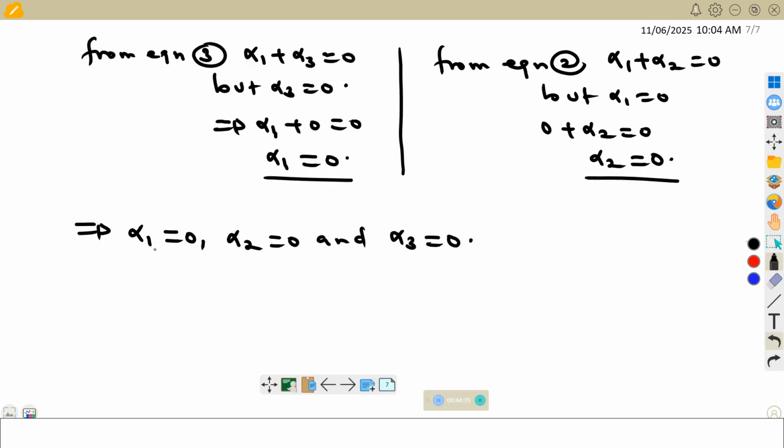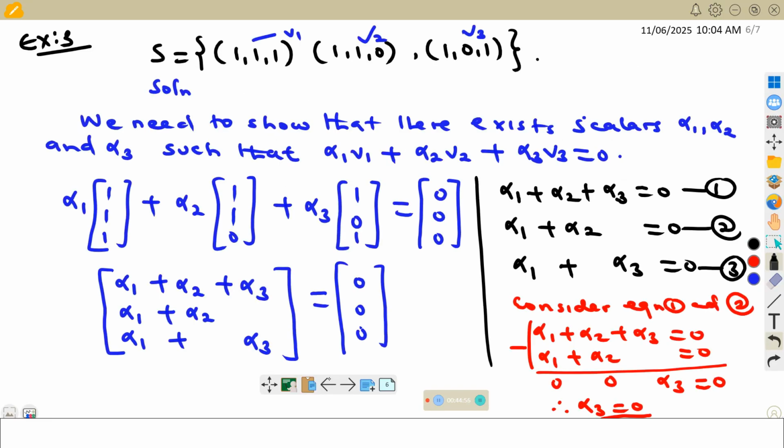If the only solution to our system is a 0 solution, then you should know now what the vectors v1, v2, and v3 are. For this case, it means our vectors v1, v2, and v3, or the set S, is actually linearly independent.